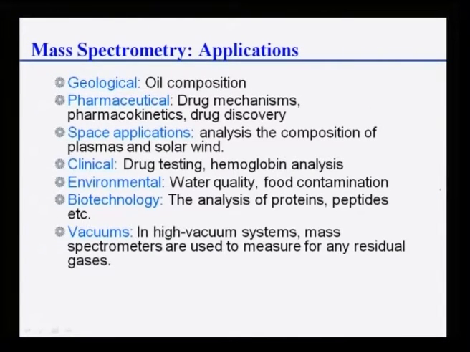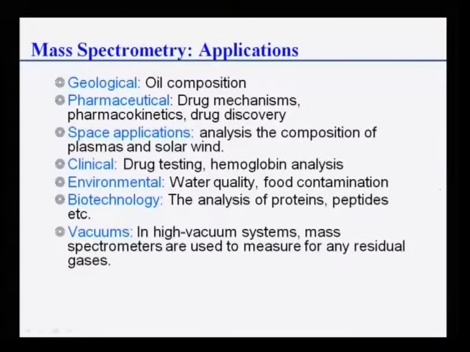Now if you look at the uses, it is used in a wide spectrum irrespective of different branches of science and engineering. Most important one, it is used in geological problems, basically in oil exploration or oil production units. Like in an oil production unit there are different kinds of chemical species available, organic, and it allows us to detect them.